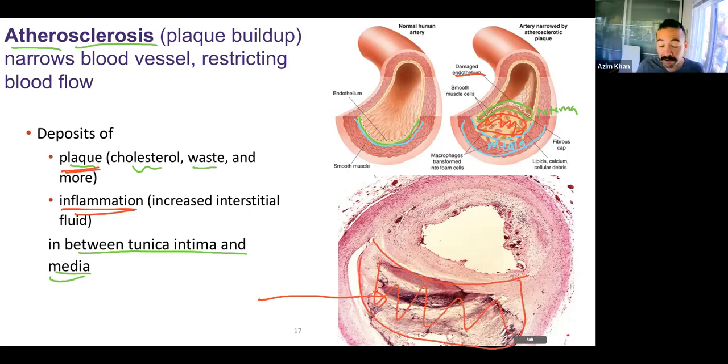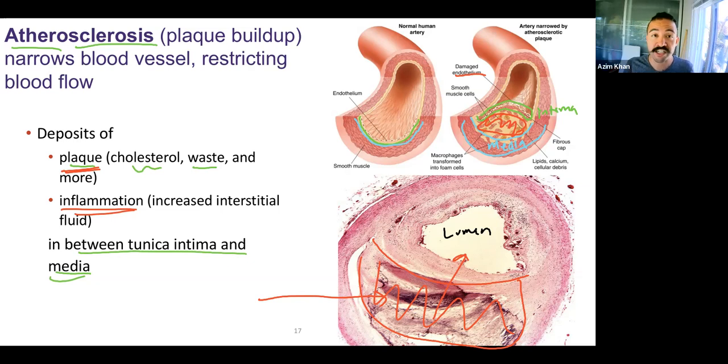And when you have plaque buildup, the more it grows, the more you obstruct this lumen. This lumen gets smaller and smaller. That's one result. Second, because you've got this immovable plaque, the smooth muscle in tunica media can't really change the shape of your artery.